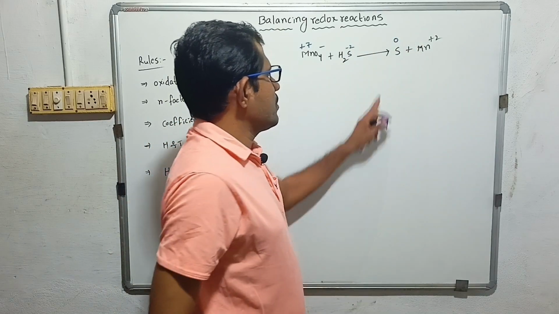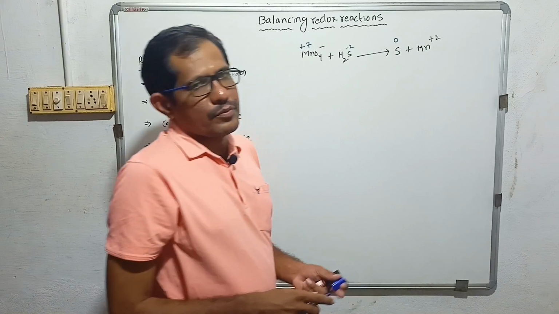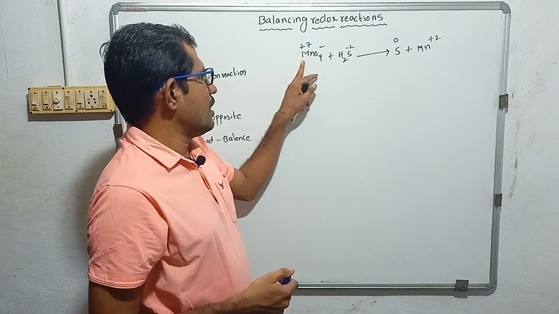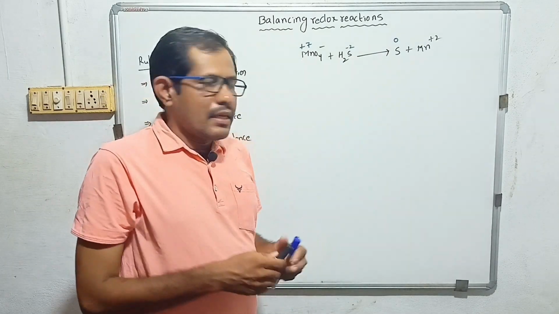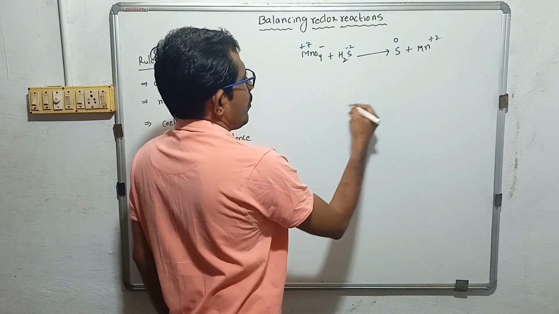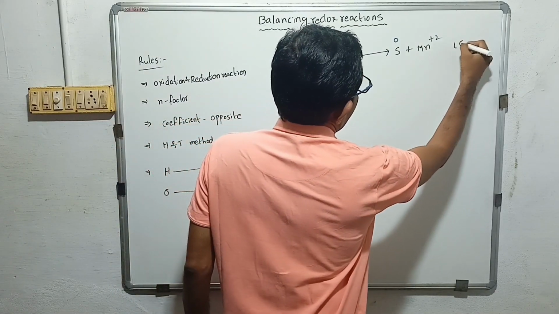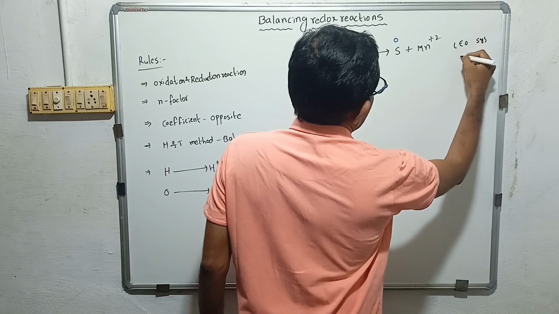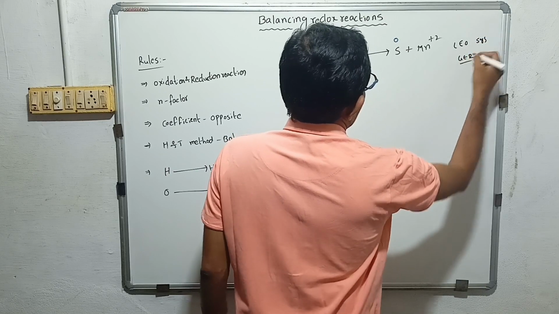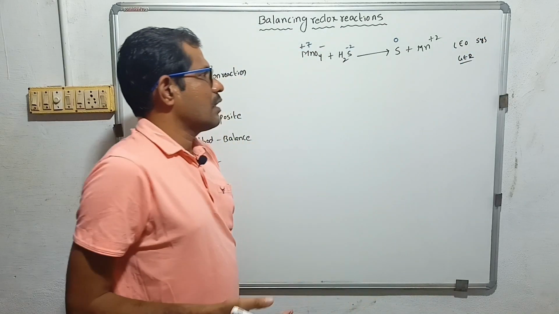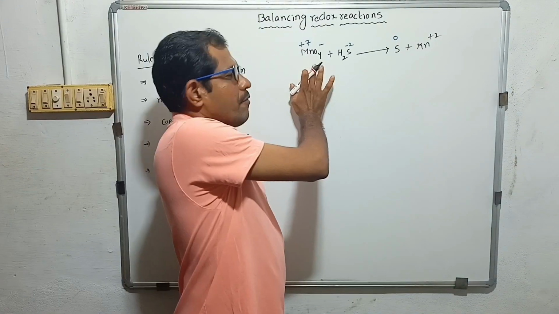Here the sulfur is 0. Mn is plus 2. So first find the oxidation state. As we know, LEO says GER: loss of electrons is oxidation, gain of electrons is reduction.